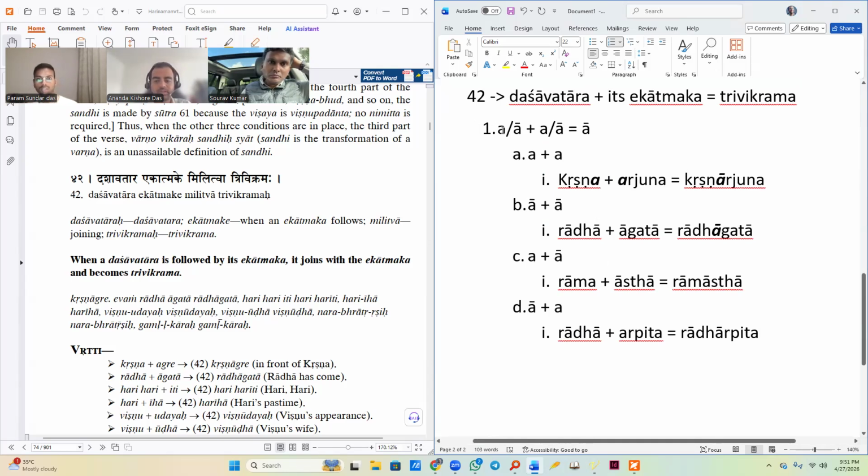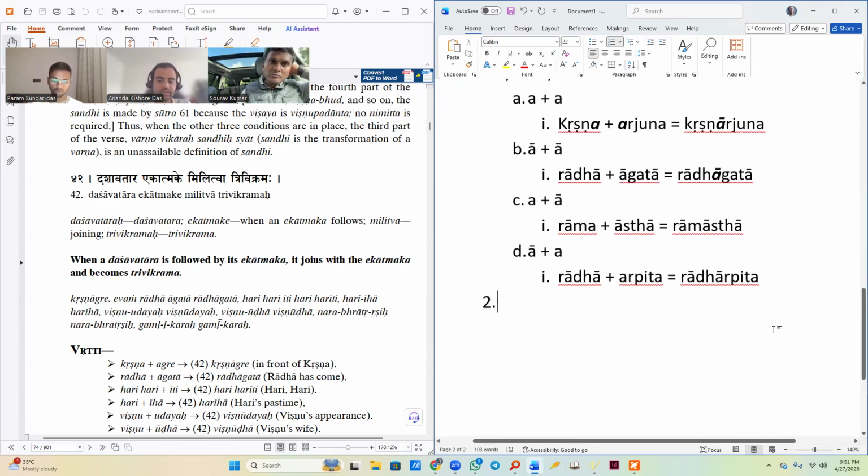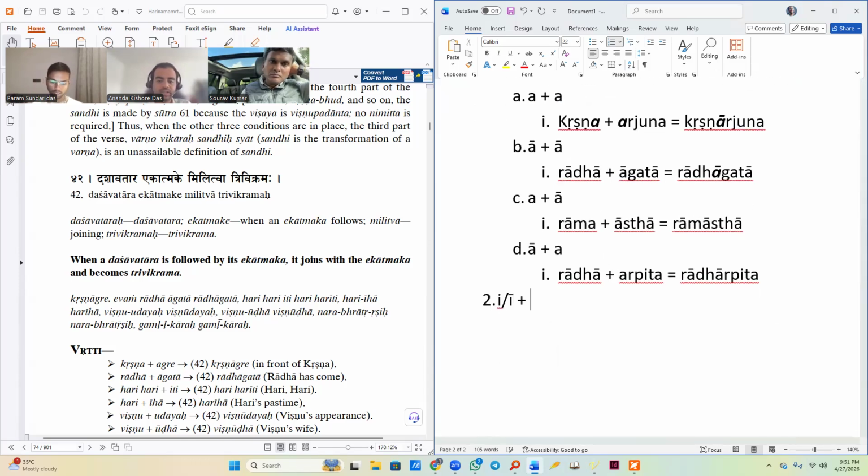So that was only the Advaya Dashavatara. The same kind of thing we have to consider when it is Idvaya and Idvaya. The result is Idvaya. Again, four possibilities would be there. If we have Udvaya plus Udvaya, it will be Trivikrama U. If it is Ridvaya plus Ridvaya, again the long Ri.